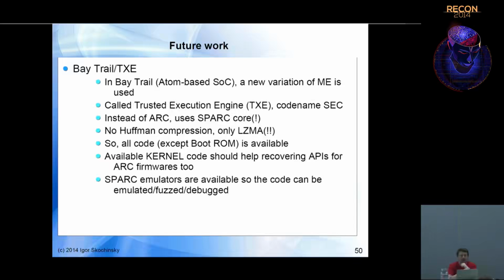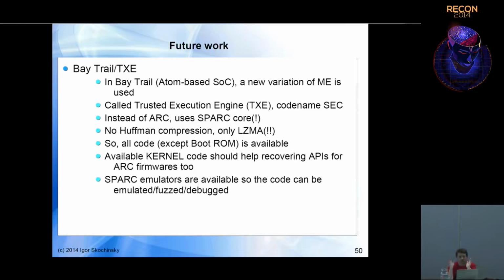They call it TXE, which apparently means Trusted Execution Engine. And they use SPARC cores for some reason. Not sure why they switched away from ARC. Maybe ARC is asking too much money for their license. I don't know. And they don't use Huffman compression, luckily. So only LZMA. So all the code except the boot ROM is available.